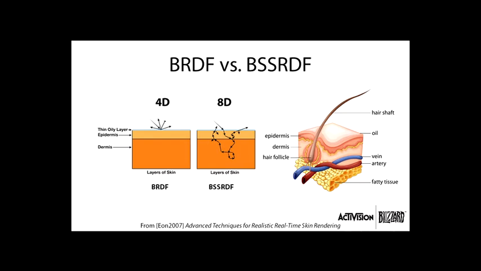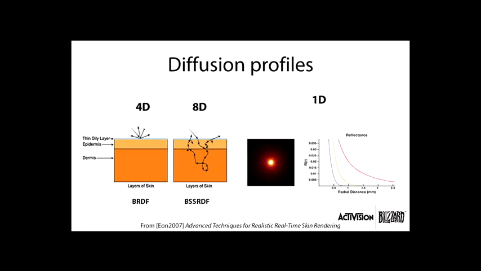However, when rendering complex translucent materials like skin, we have to use the BSSRDF model, where light penetrates the surface, travels beneath the object, and then exits at adjacent points around the incident point, which basically means blurring the lighting. But you can notice that the BRDF is a 4-dimensional function, while the BSSRDF is an 8-dimensional one, which is obviously very costly.